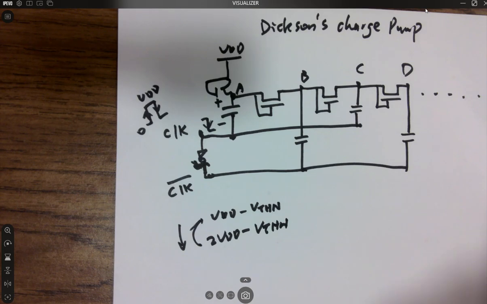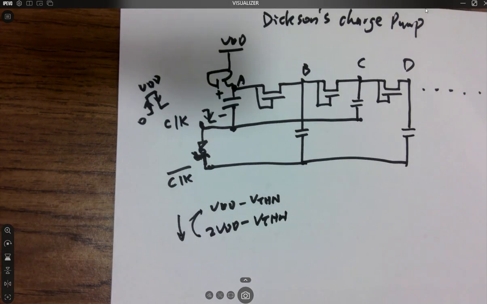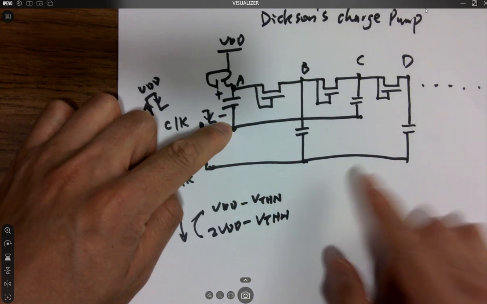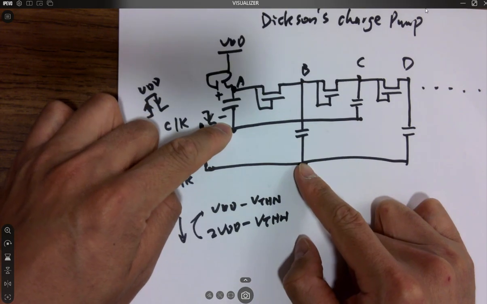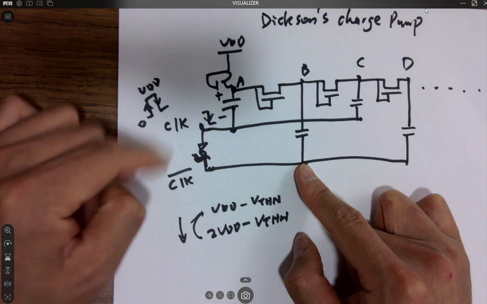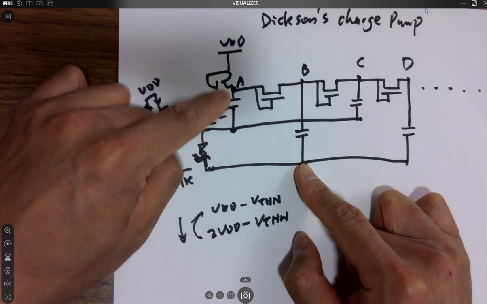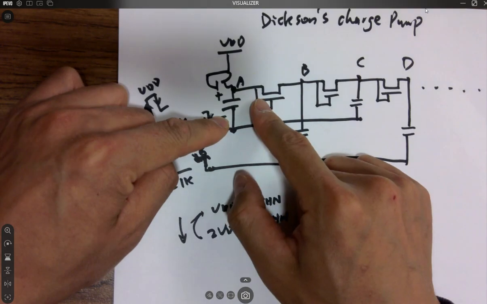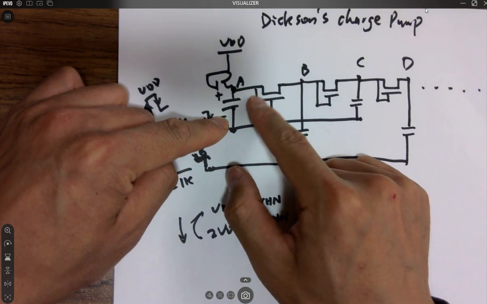What about B? So when here pulls, here pushes, because it's getting inverted. So when this one pulls, it charges up, this one pushes, and this one doesn't have a switch, so it's not controlled.